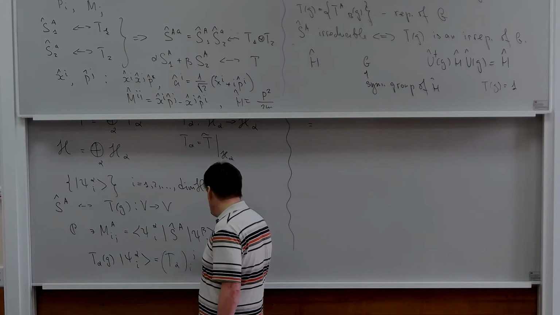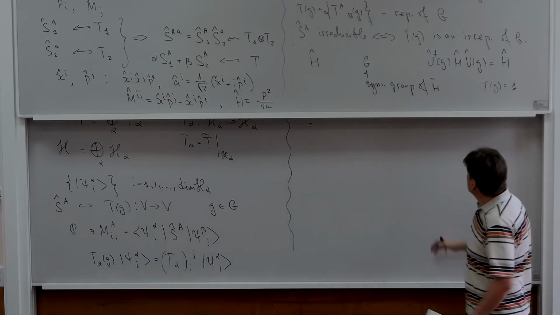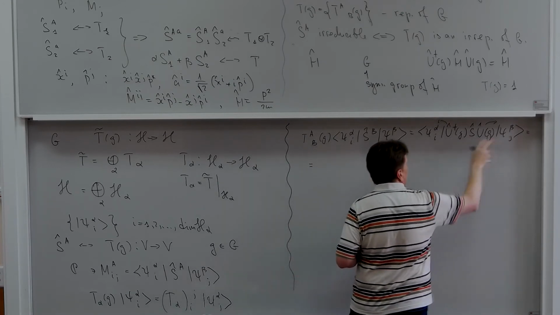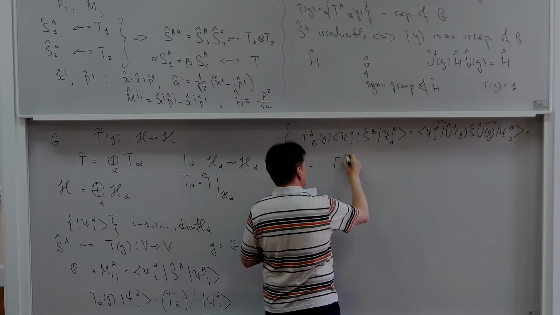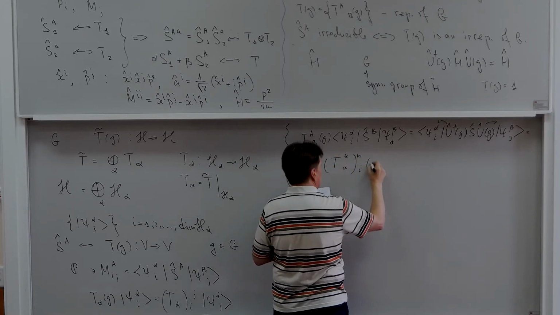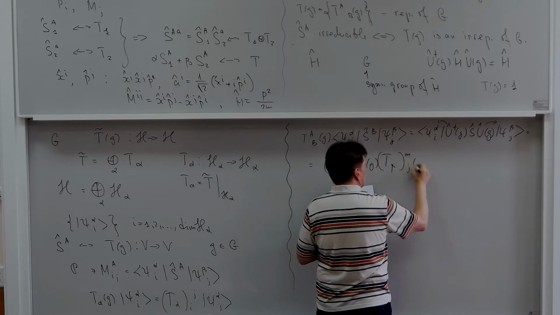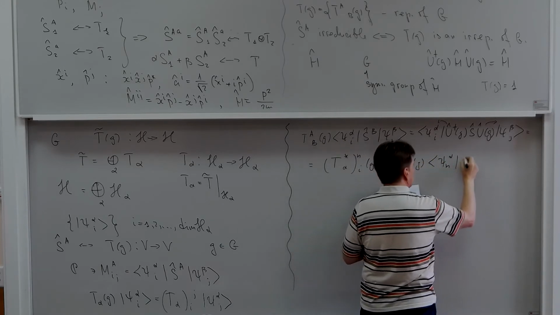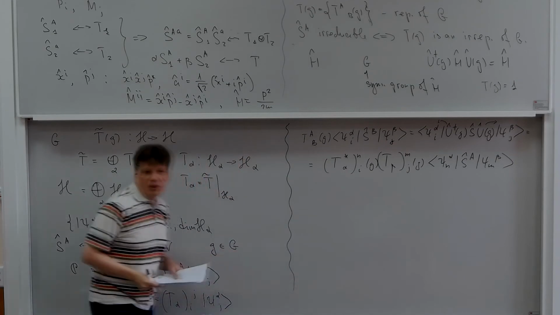So now, applying these operators U to the right and to the left, I get the expression with T alpha, T beta and the matrix elements. Do you agree?